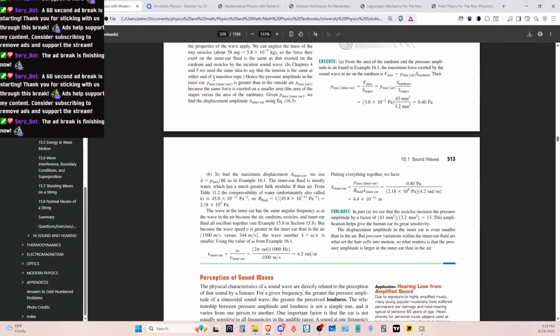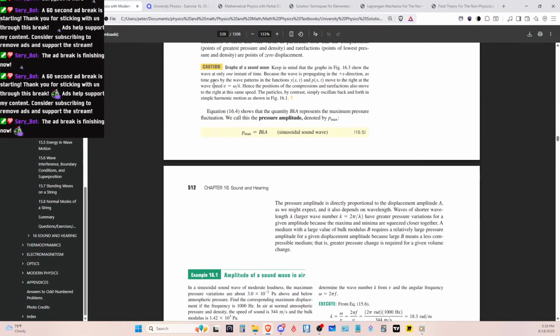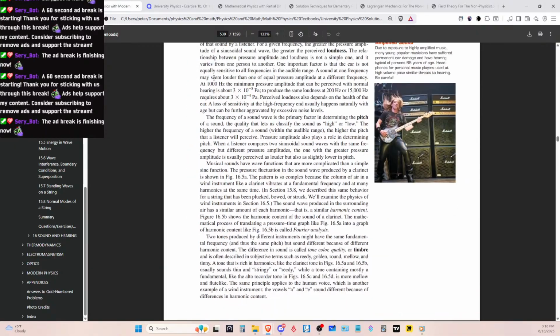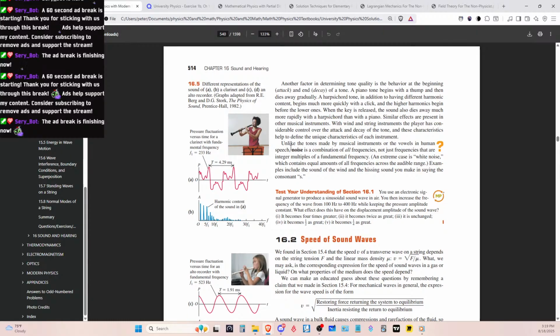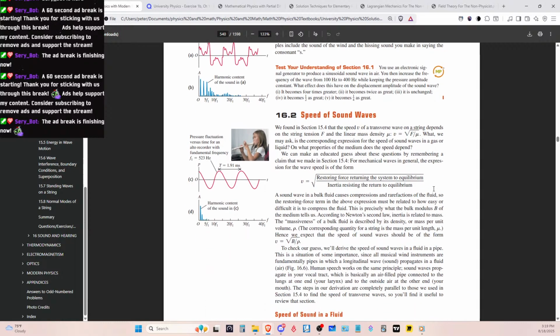Well, let's look it up anyway. 512, 513, 514. The speed of sound waves, okay.